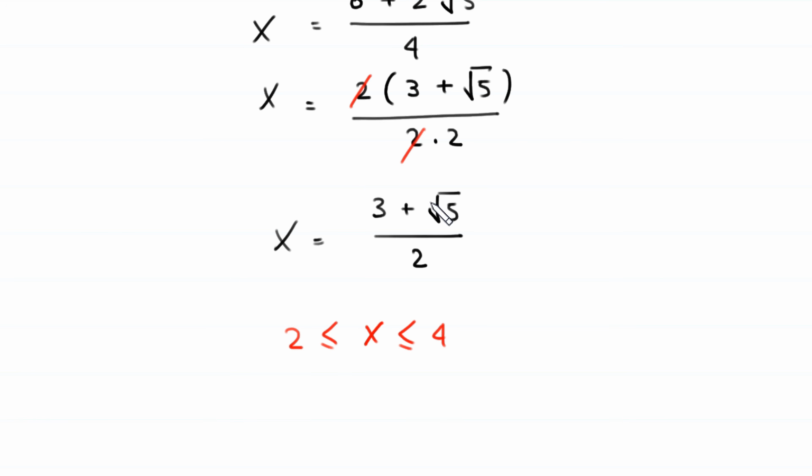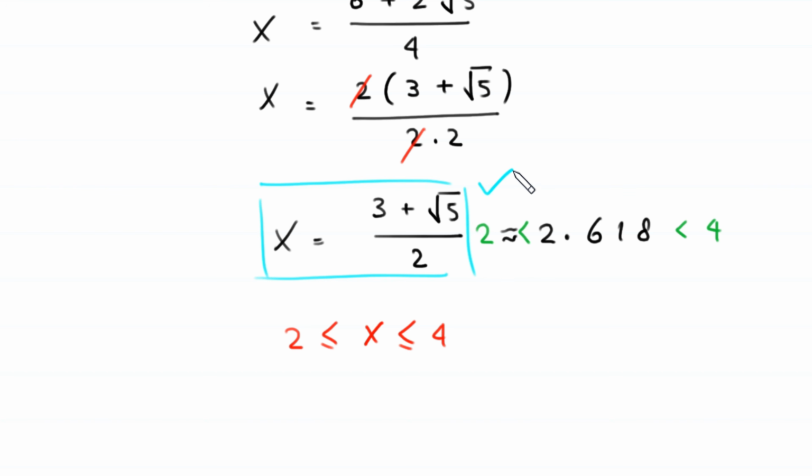This 3 plus root 5 over 2 is approximately equal to 2.618, which is less than 4 and greater than 2. So this value of x, 3 plus root 5 over 2, is a valid solution. This is the final answer of this problem.